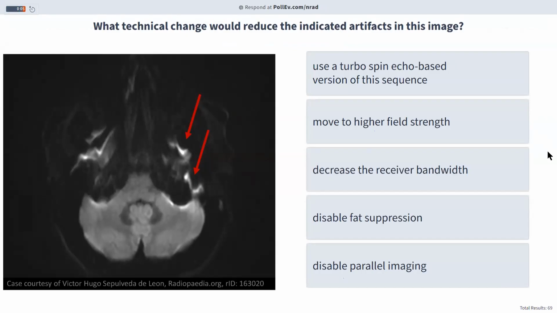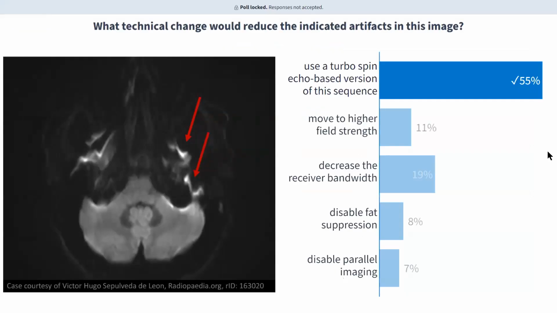This patient presented with hearing loss. This patient had a cholesteatoma, and that is typically depicted on MR imaging by an area of restricted diffusion within the temporal bone, typically the middle ear or mastoid.